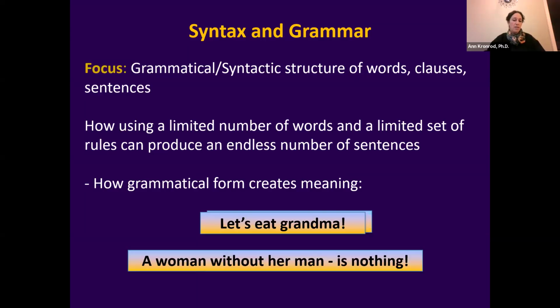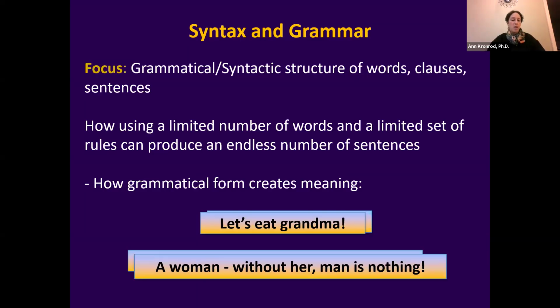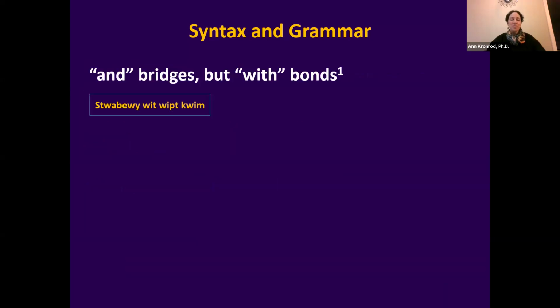Another example: a woman, without her, man is nothing. Or if you use just a little bit different punctuation: a woman without her man is nothing, right? It's such small things, but they change the whole meaning. And that's just an example of the beauty in language.